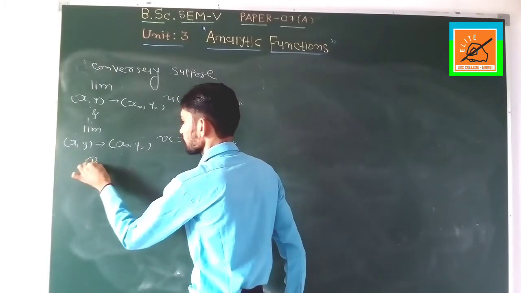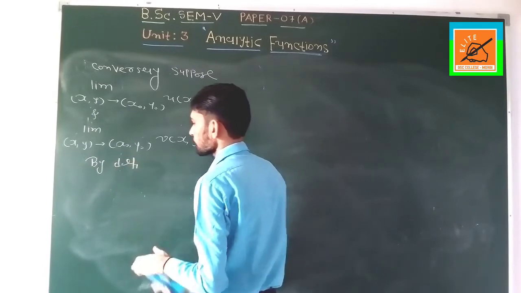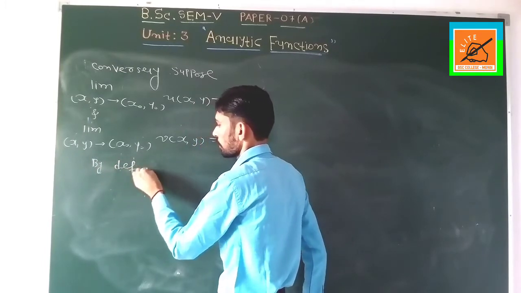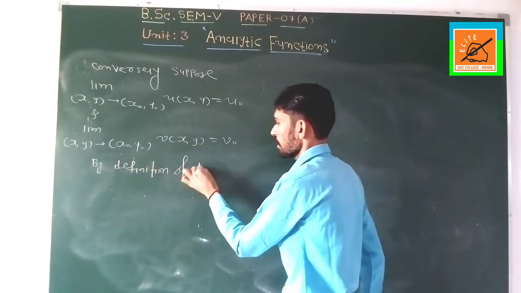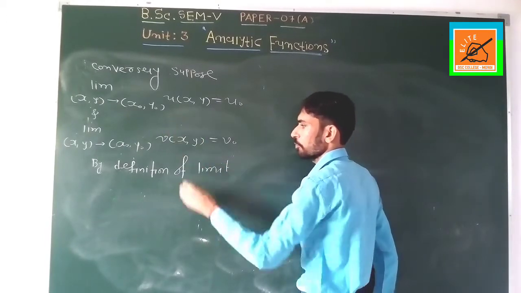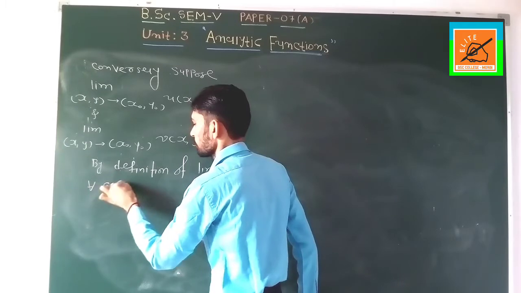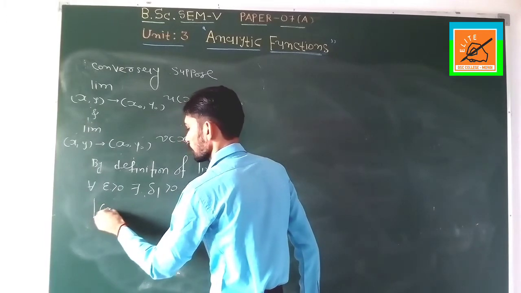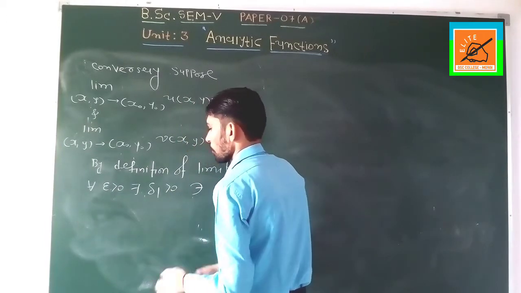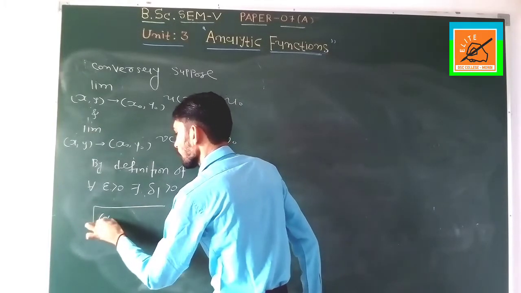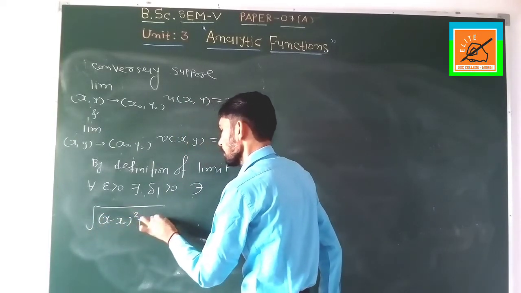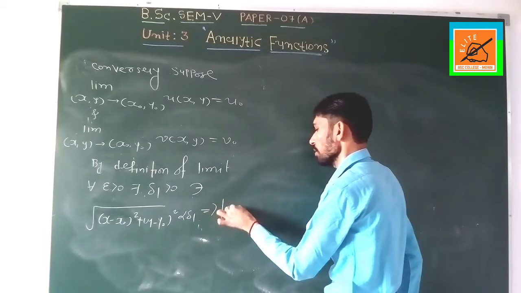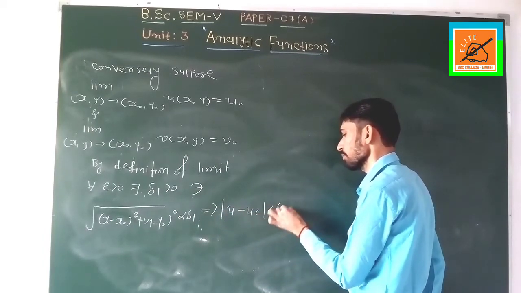So we write, by definition of limit, first of all, for every epsilon greater than 0 there exists delta 1 greater than 0 such that under root x minus x0 whole square plus y minus y0 square less than delta 1 implies modulus u minus u0 less than epsilon by 2.